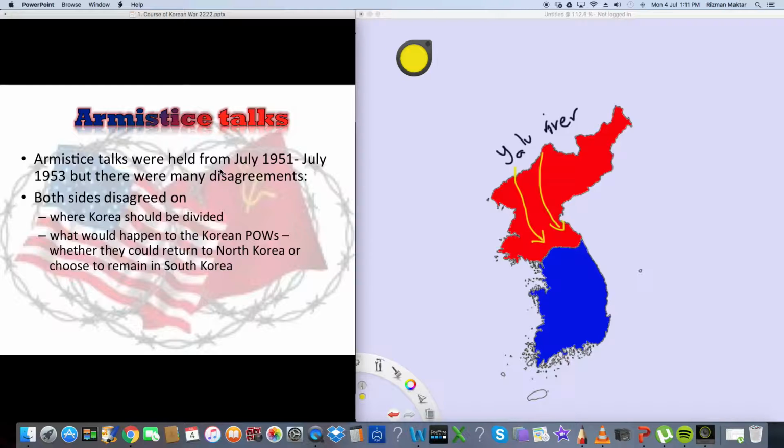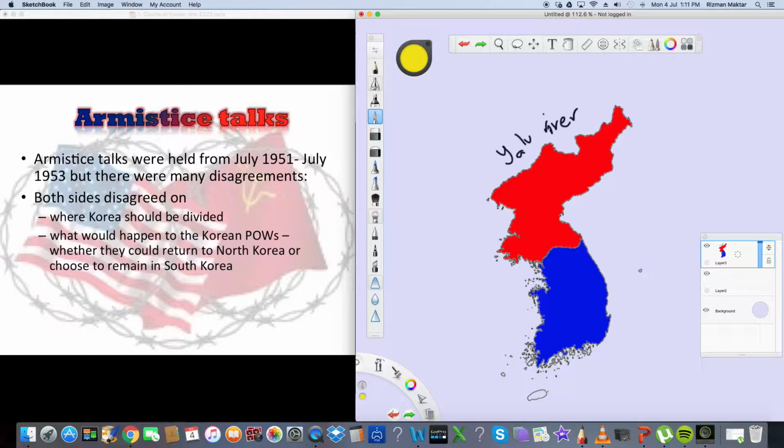Eventually, USA, USSR, China, and North Korea decided to sign an armistice. They decided that they were not going to fight any longer. However, South Korea still did not want to end the war because they believed that they should take over the North.